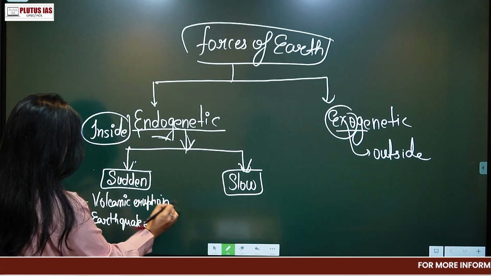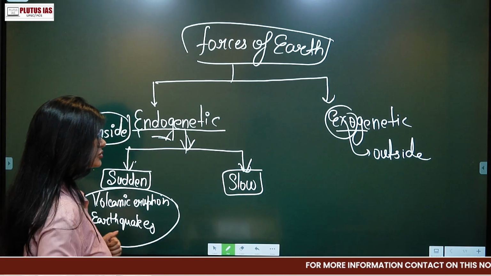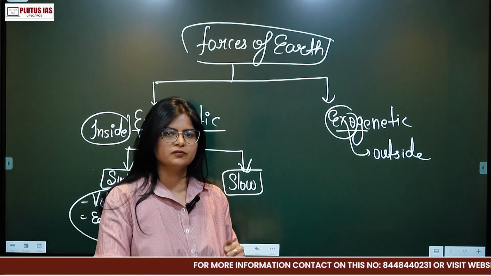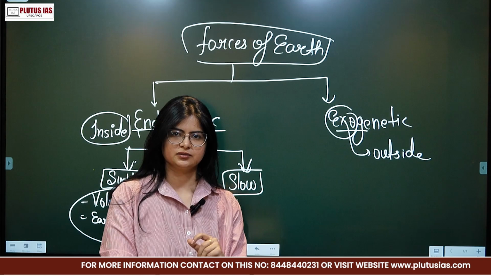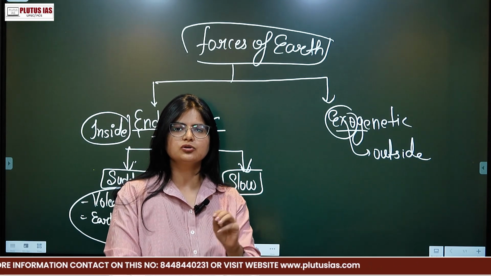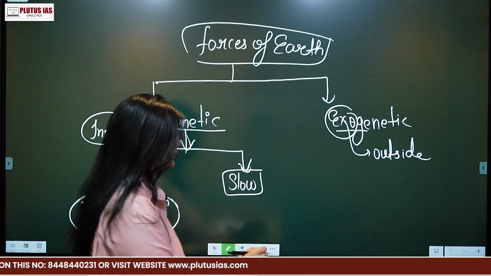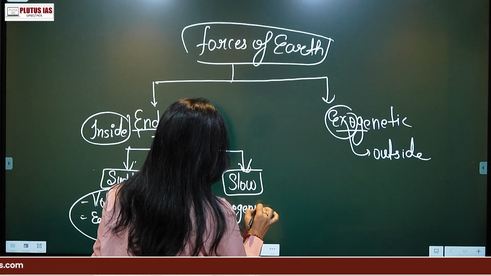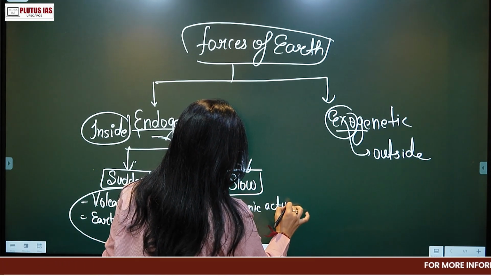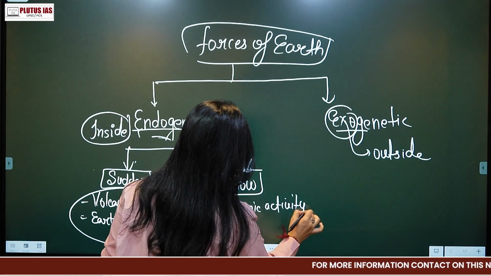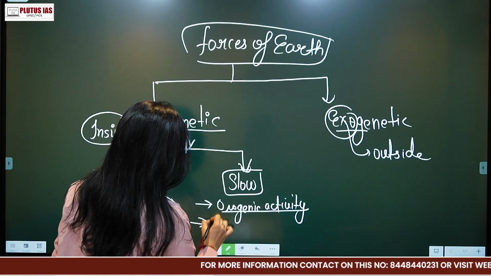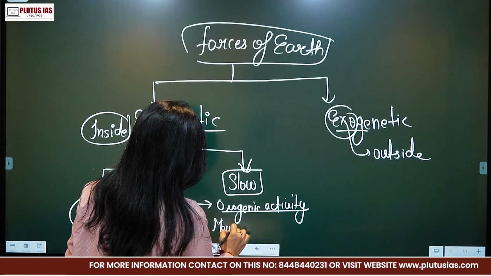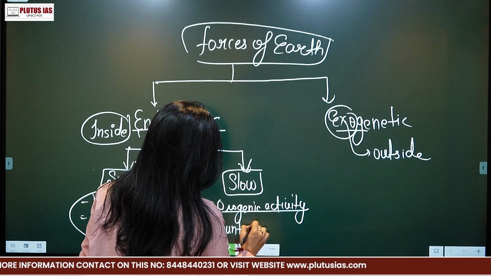But what about the slow processes? Slow processes means when the mountains are being built. This is known as orogenic activity. When the orogenic activity is taking place, it takes millions of years for the formation. The best example of it is mountain building.